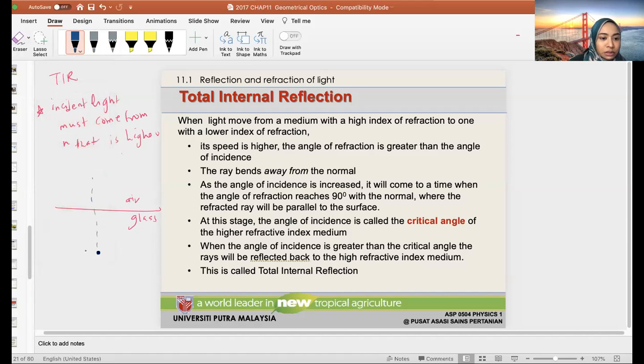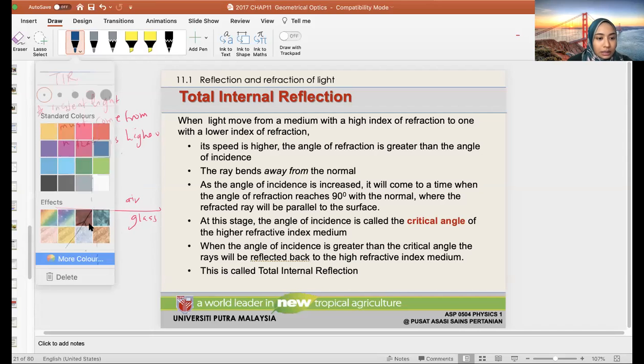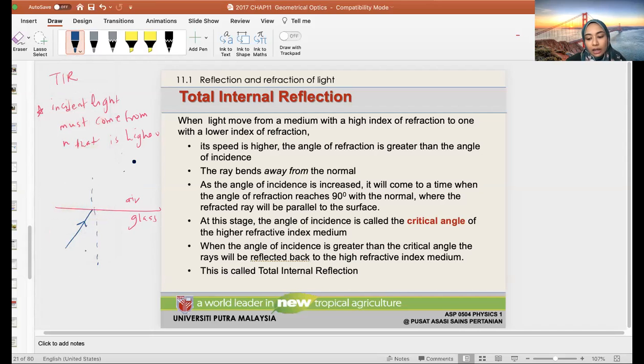So this is my normal. This is my incident light. So mula-mula tu I will get refraction and reflection, right? I will get both. Up to one point, I will start getting total internal reflection. Okay, so ada satu point ni that when I meet a certain condition, all my light is reflected.